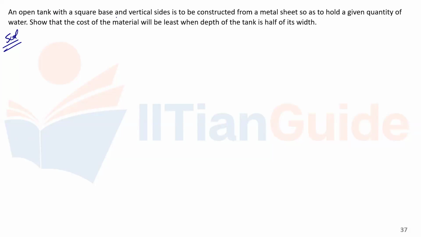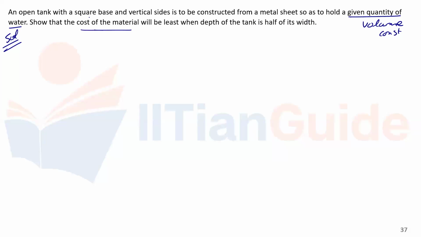An open tank with a square base and vertical sides is to be constructed from the metal sheet so as to hold a given quantity of the water. Given quantity of the water means volume of the tank is constant. Okay, indirectly here it is said the volume is constant. Show that the cost of the material will be least when depth of the tank is half of its width.